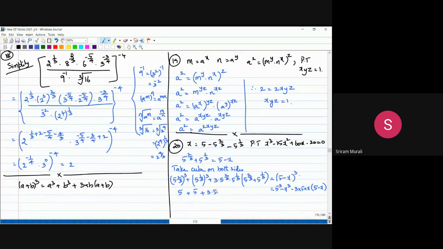I made a mistake. This is 3 into 5. 3 into 5 into what is this? This you can call as 5 minus x. How? Because of this. Is it not in this form? That is equal to 5 minus x the whole cube.